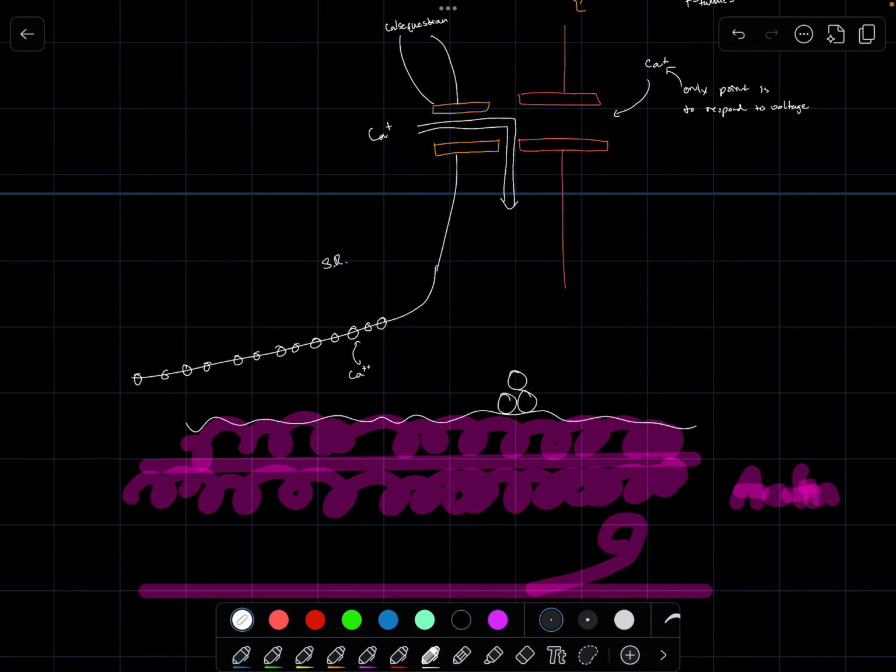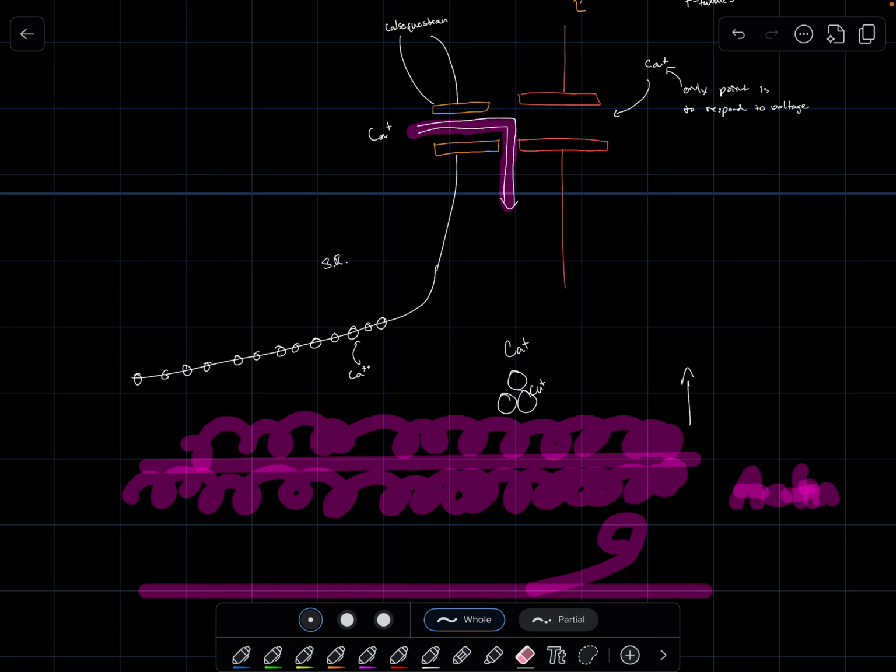Calcium is going to flow out, just like depicted in the picture. It's going to flow out, and it's going to bind to troponin C. Once it's bound to troponin C, tropomyosin will release.